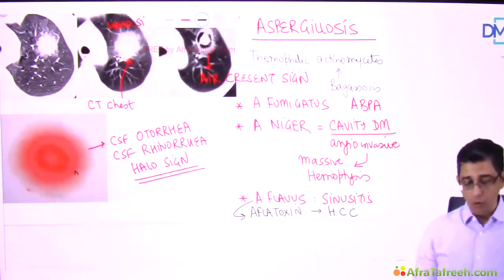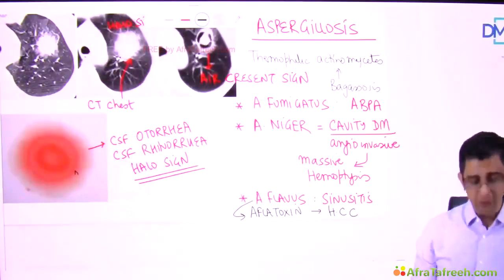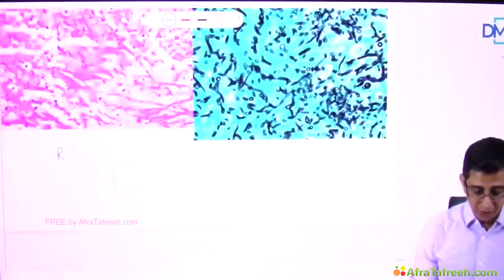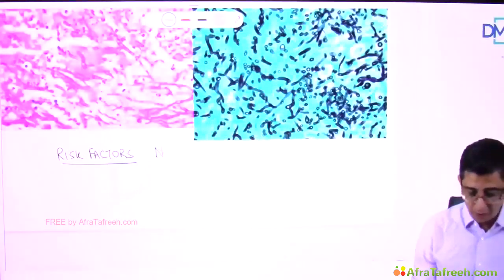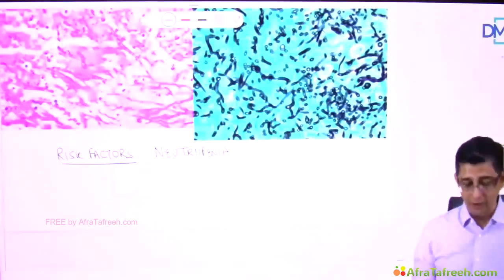Now, who are the people who would suffer from this particular infection? We need to study the risk factors for development of aspergillosis in an individual. These people would obviously have low immunity. Patients with febrile neutropenia due to any etiology could have angio-invasive infection with niger.